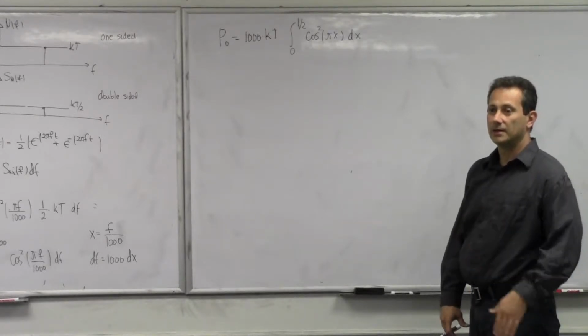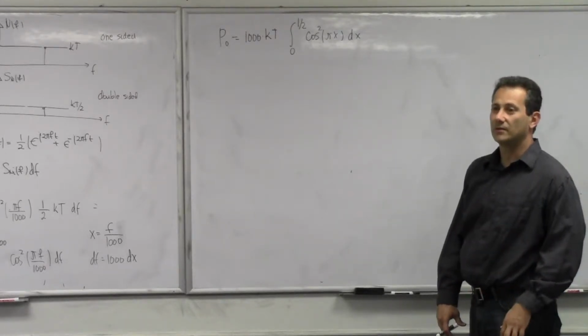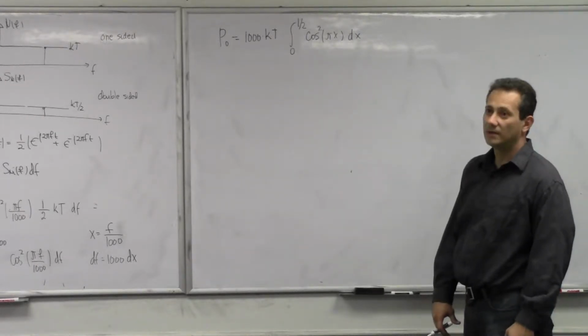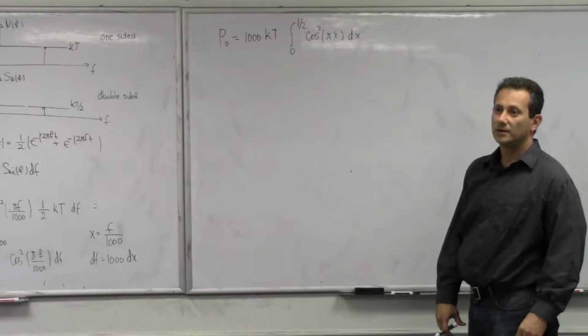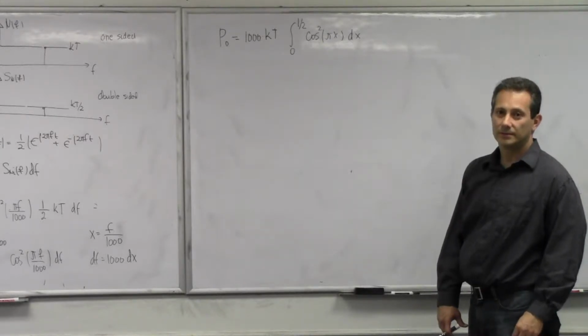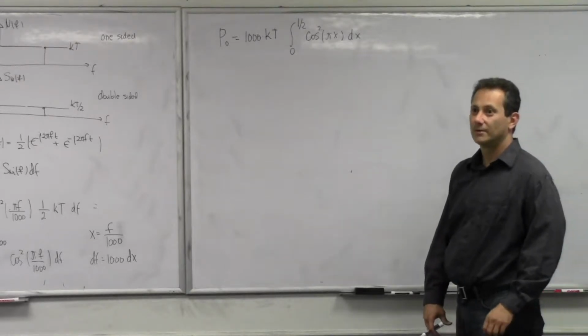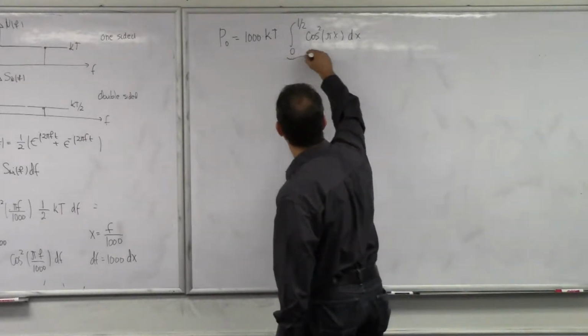Then I can integrate, and half of it goes to cosine, half of it goes to sine. So if I integrate 0 to 1/2 of 1 dx, I get half, and half of half is 1/4.